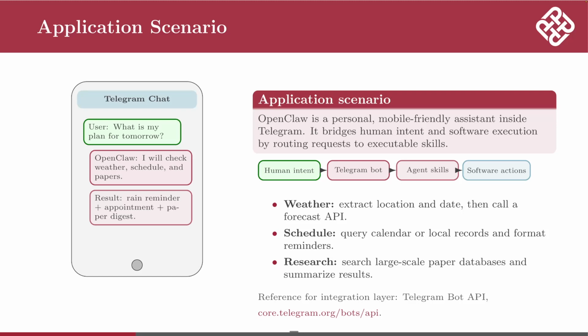OpenClaw uses the agent skill to decide how to handle the user intent, then performs software actions, basically calling APIs to get the information, and then replies to the user with a text message.